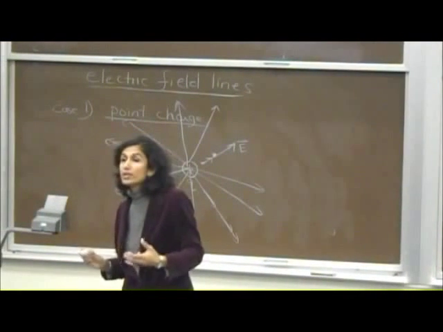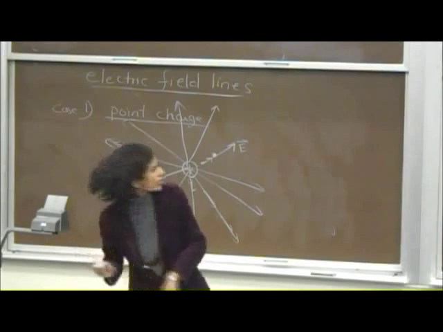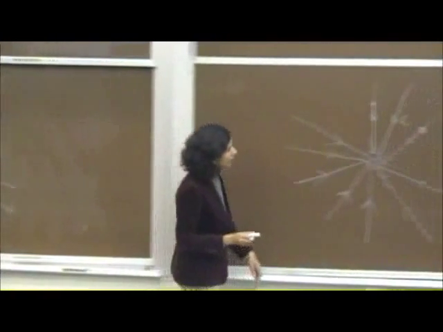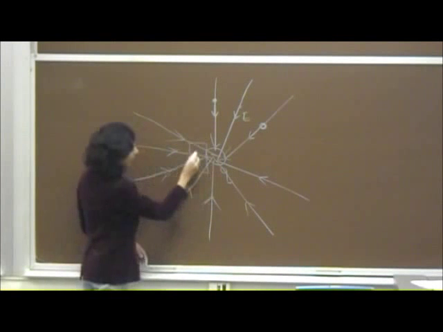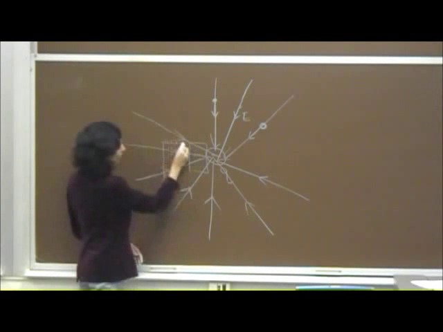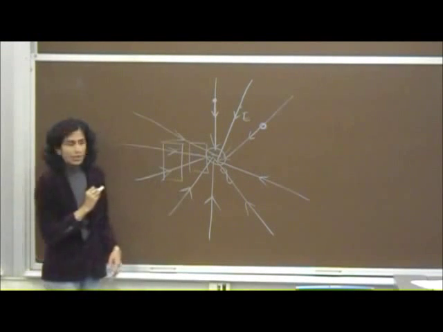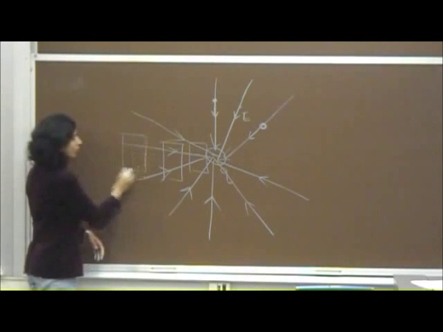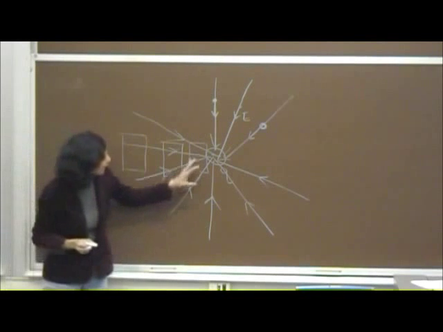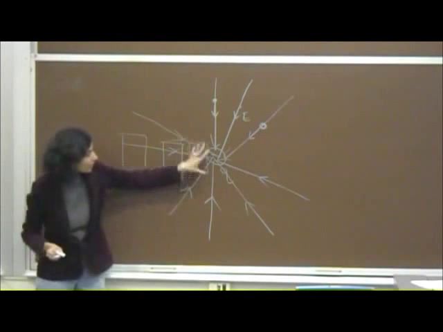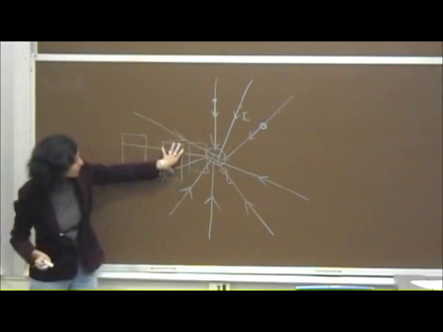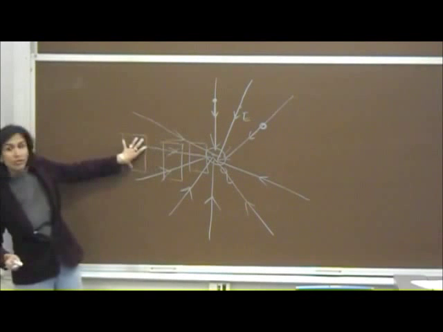What you can tell is where electric field might be stronger than other places. For example, wherever the electric field lines are denser, do you see close to this charge? If I look over here, are there more electric field lines than if I look, for example, here? So what you can say is the density of electric field lines, or how many electric field lines there are per unit area, is more here, less as I go farther away, even less as I go farther away.